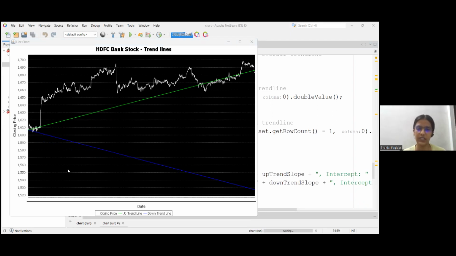This chart shows the stock price fluctuating somewhere between 1600 and 1610. The blue trend line shows a steady increase in the stock prices, while the green line shows a volatile increase in the stock price. So basically, we can say that the green line is an uptrend line.